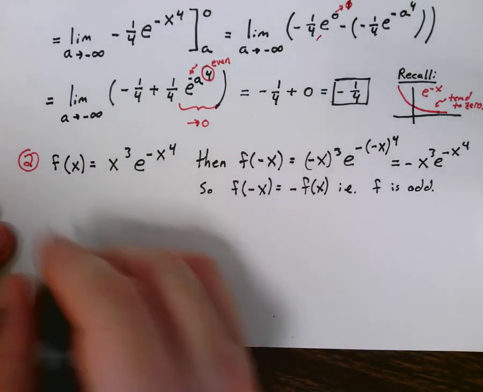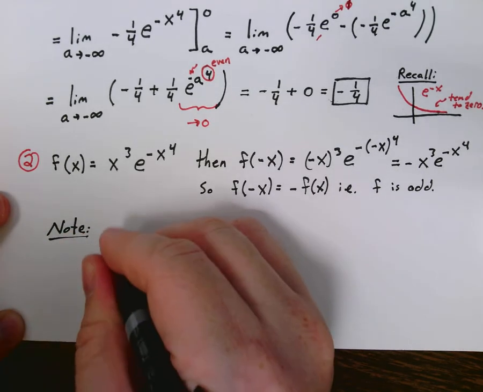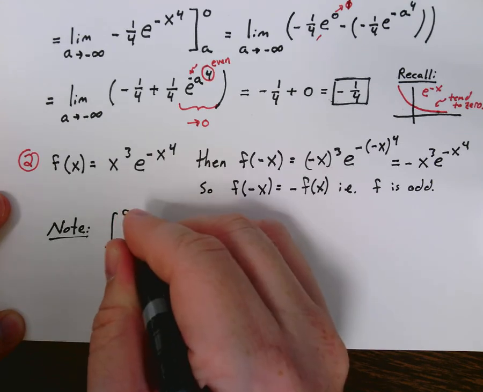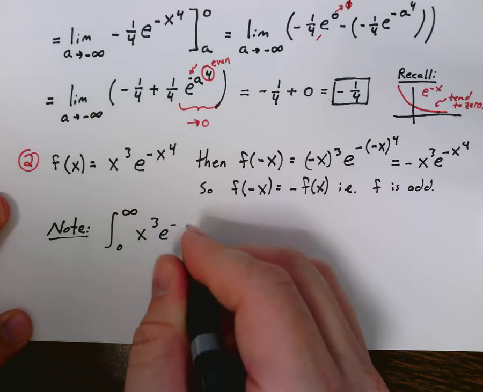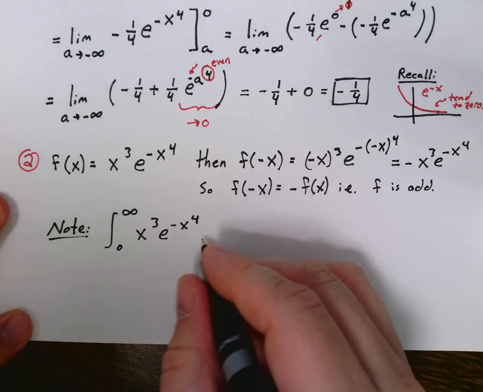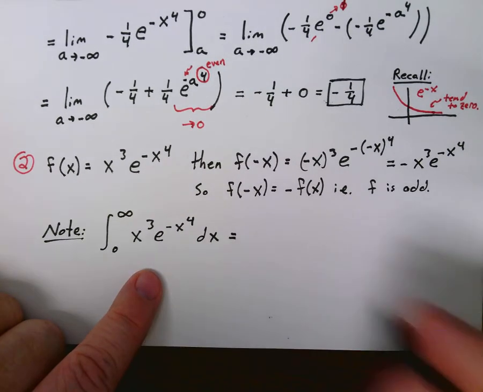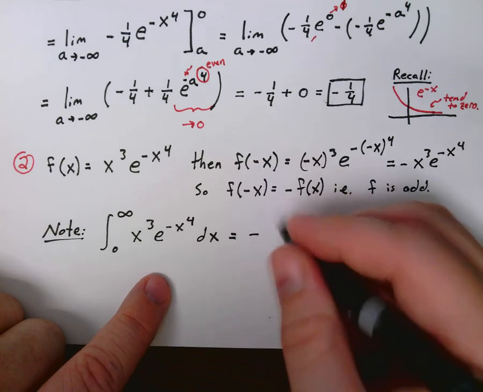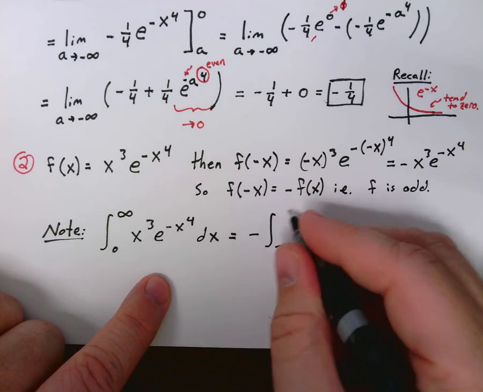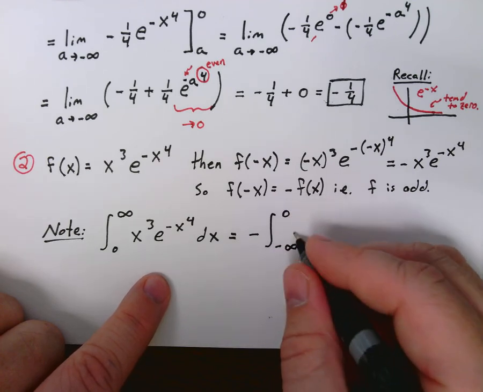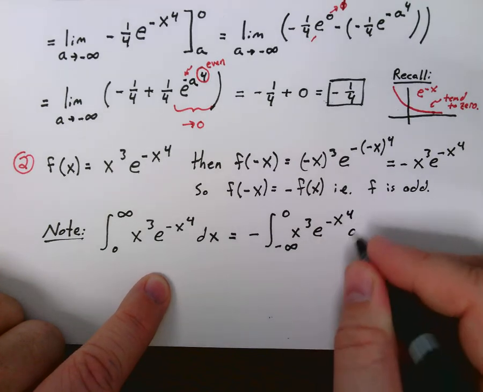So what that means is that, note, the integral from 0 to infinity for x cubed e to the negative x to the fourth dx is equal to, since it's odd, the minus of the other side, negative infinity to 0 for x cubed e to the negative x to the fourth dx.